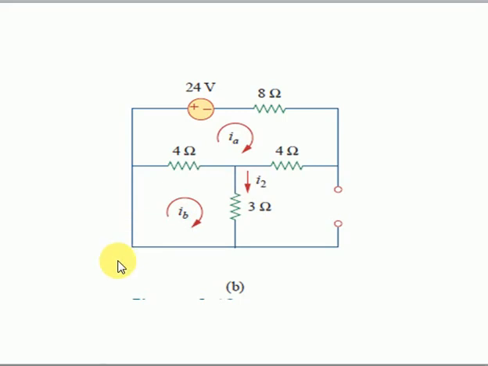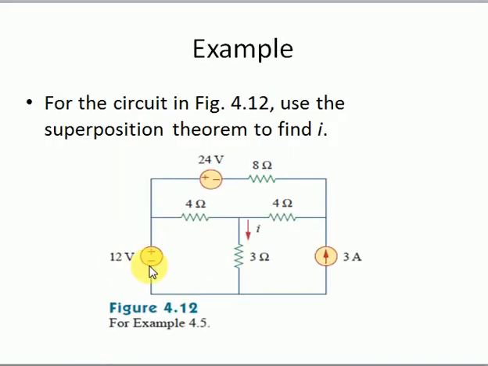Now we will see when we have this current source and the other sources will be short circuited. Here this 12 volt source and this 24 volt source, we will have to short circuit, and we will use this 3 ampere current source, and then we will find the value of this I. Now this I has become I3.